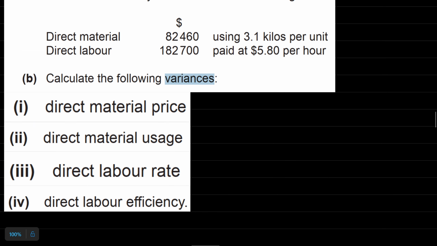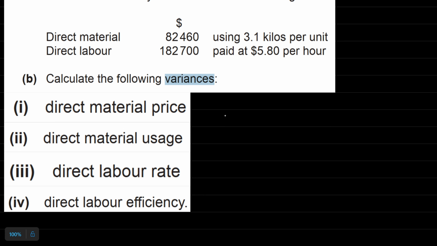Students, first of all, you need to write three lines: 1, 2, and 3. In the first line, standard price, standard quantity, actual units.